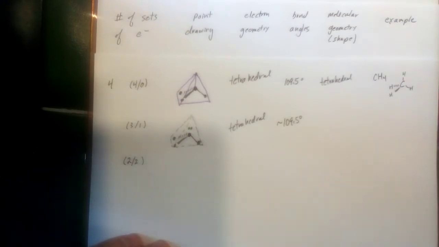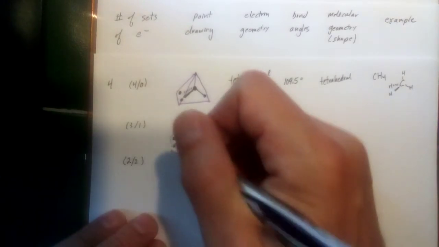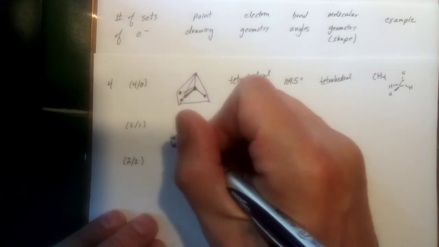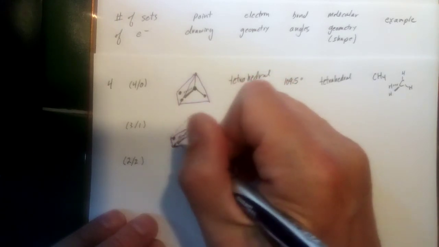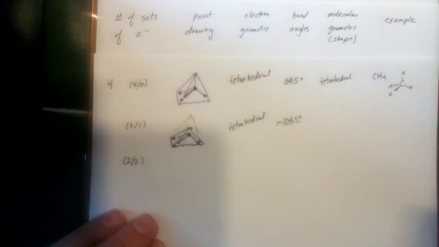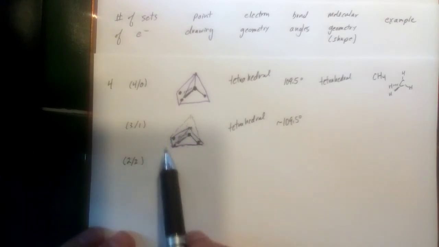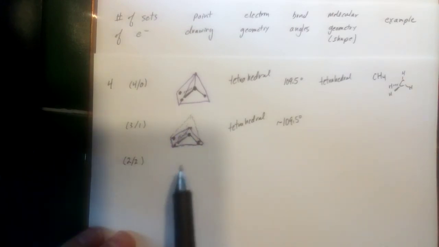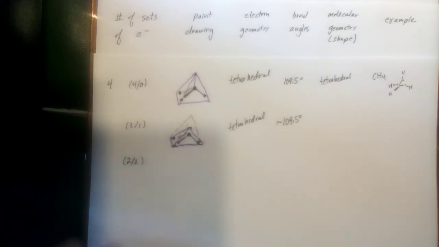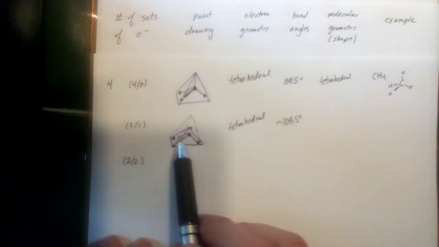Now in this case, like we said before, we're trying to think about a shape that represents where the atoms are, but not necessarily where all of the electrons are, since those electrons are technically located on a central atom. I don't know how well you can see that in the video because of the similar colors of the pens that I'm using.